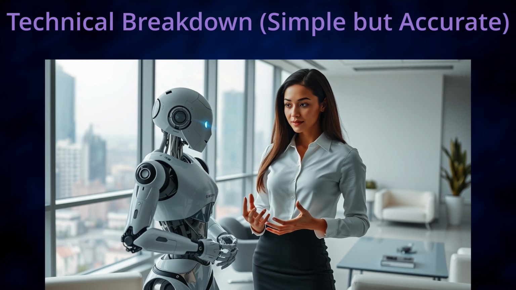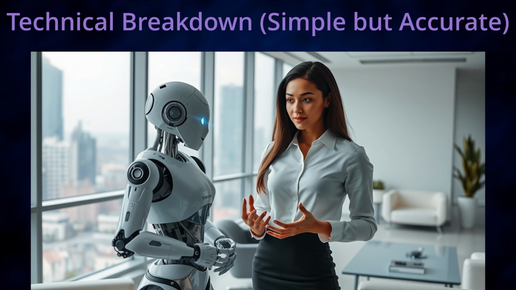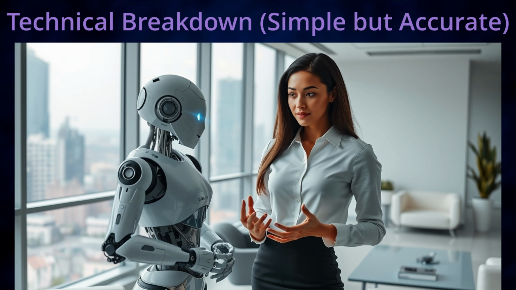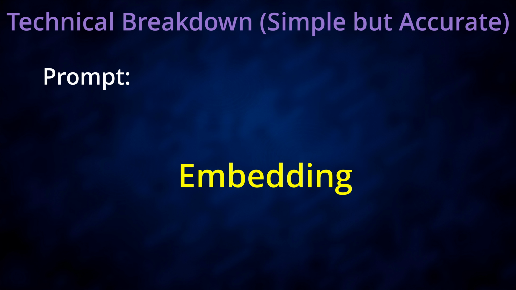When you start with random noise, the model has no structure to follow. So where does the structure come from? From the prompt. But how? Through conditioning. Your text prompt is converted into a numerical representation called an embedding, using a text encoder like CLIP or T5.